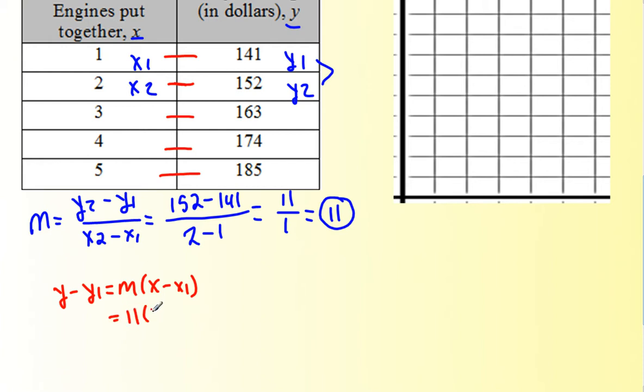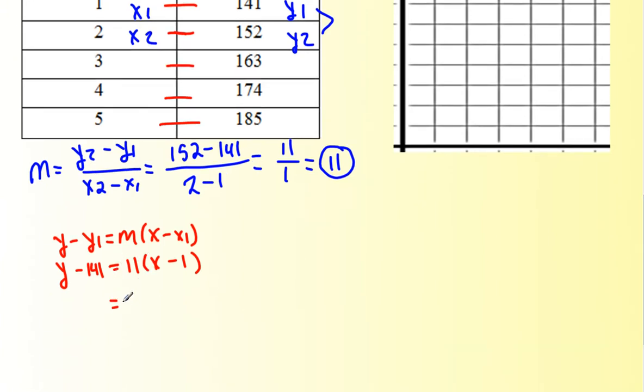Slope is 11. And let's just use, we already have this labeled as x1, y1. So y1 is 141, x1 is 1. If we now solve for y, we distribute: 11x minus 11, y minus 141.